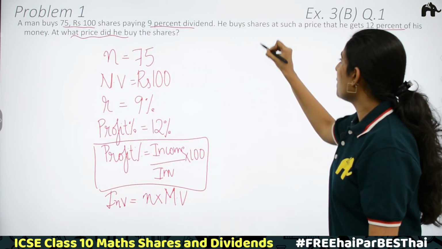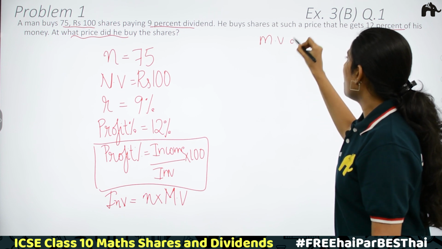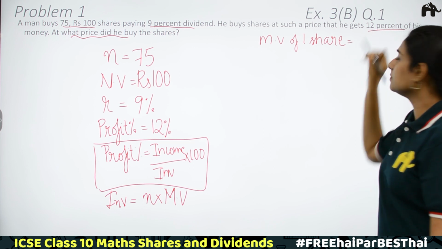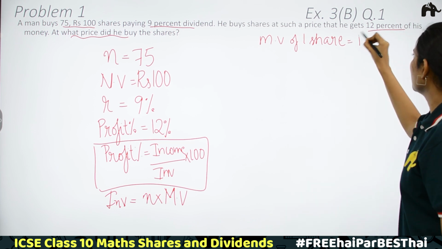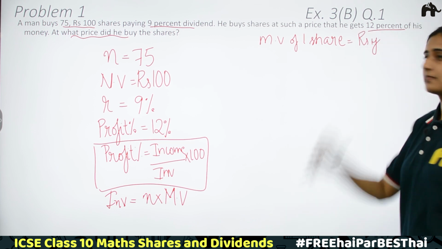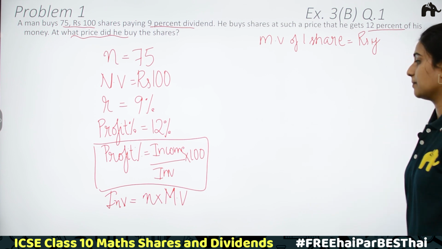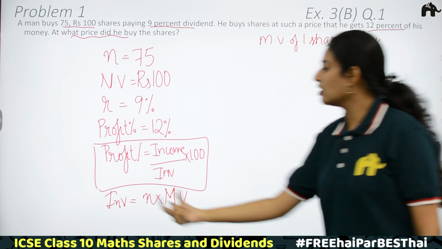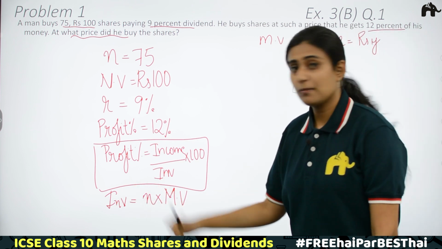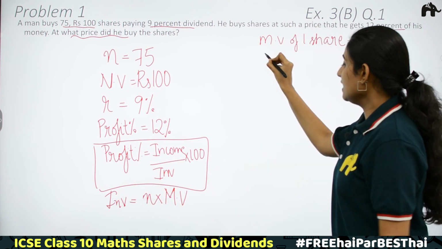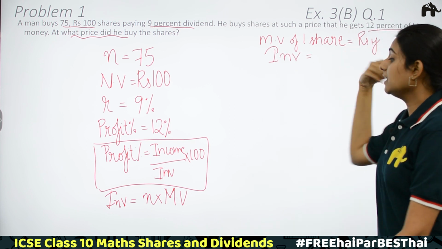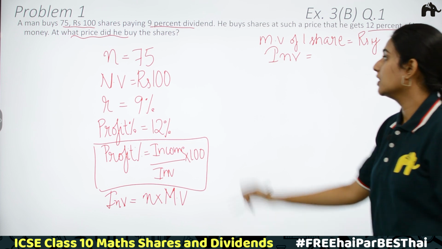Let's take the market value of one share is equal to some y, rupees y. If the market value is rupees y, what is the investment? We know the number of shares. Then the investment is equal to n into market value.